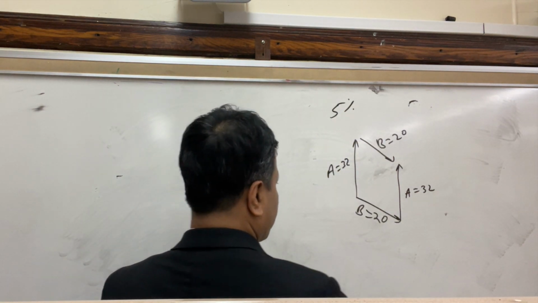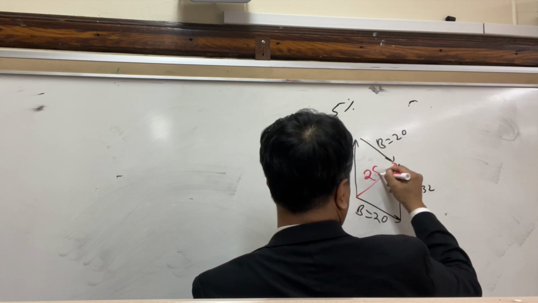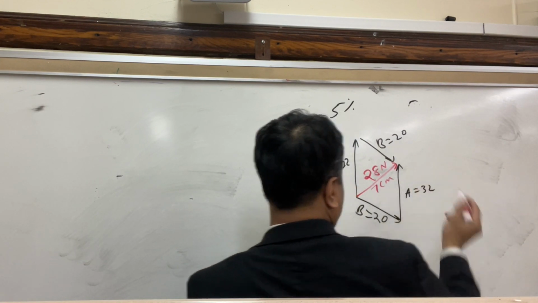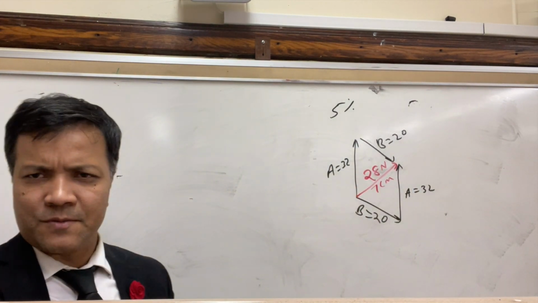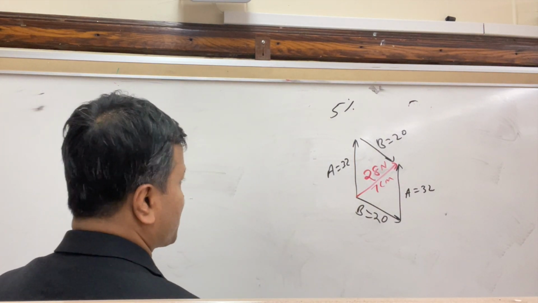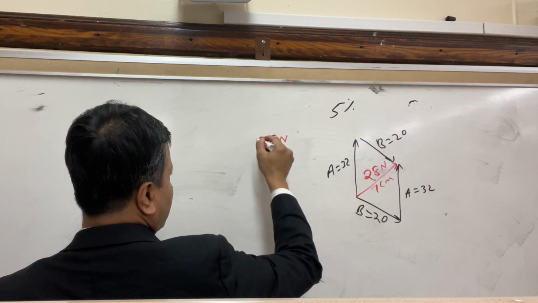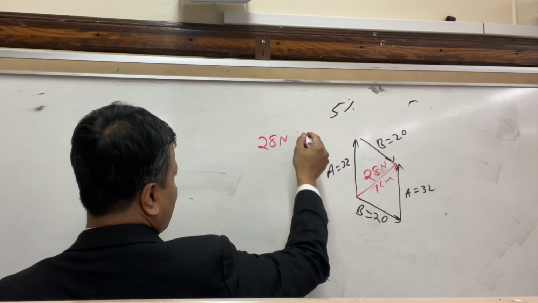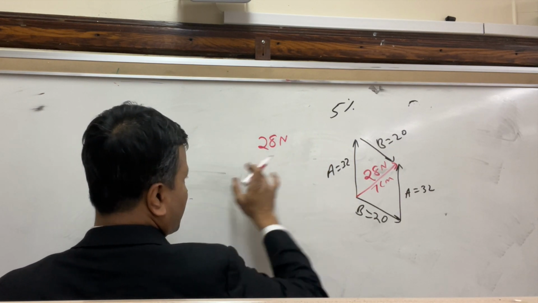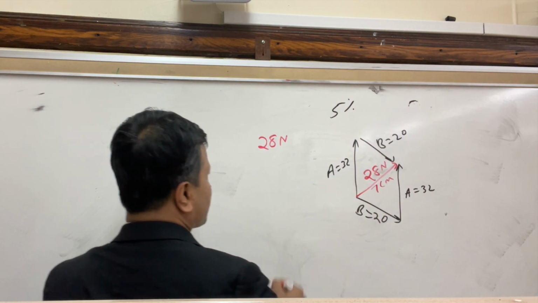And the true answer is 28 Newton because it's 7 centimeters, and 1 centimeter is 4 Newton. However, we are not sure, because 28 Newton is in the middle. If we use 5%, then it is plus minus 1.